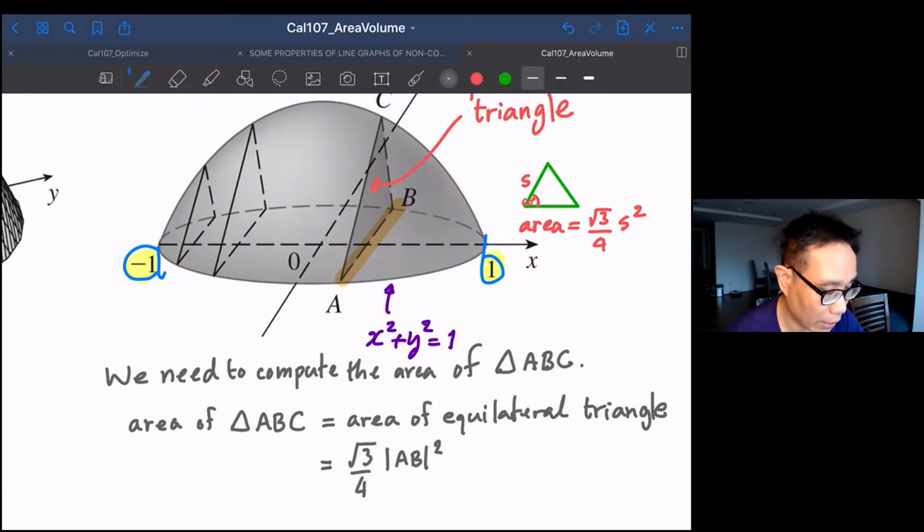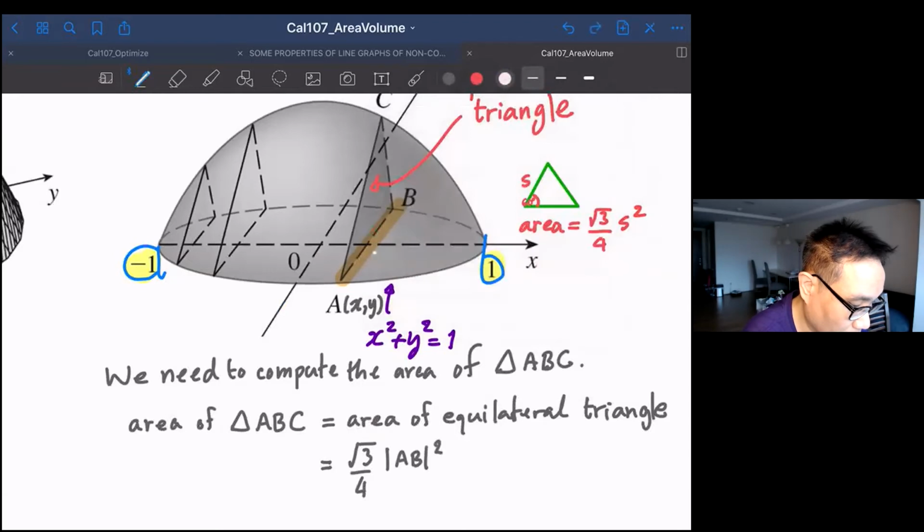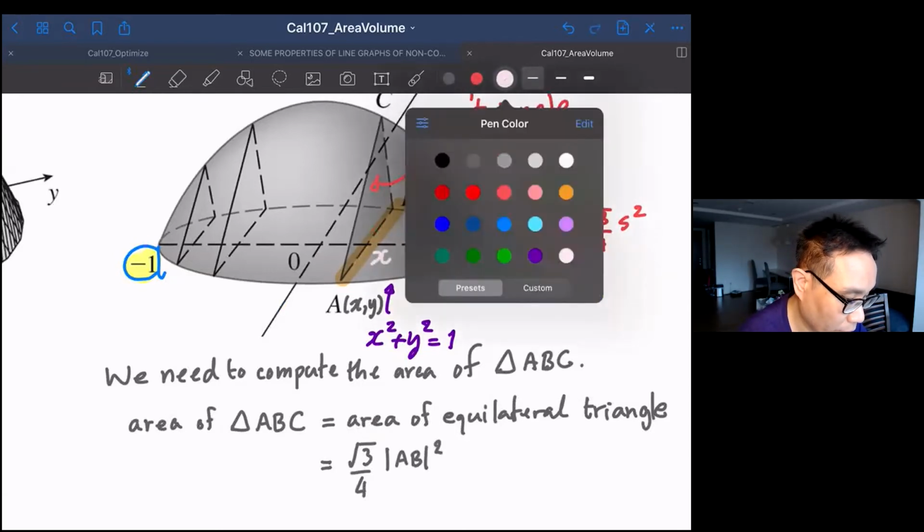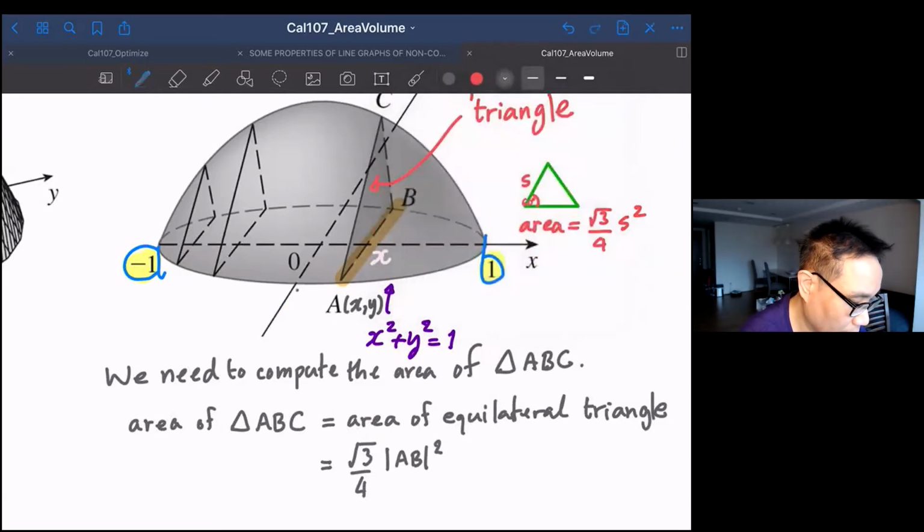So you need the length of AB. In this case, you see that A has the coordinate x, y, and B will have the coordinate x, negative y.